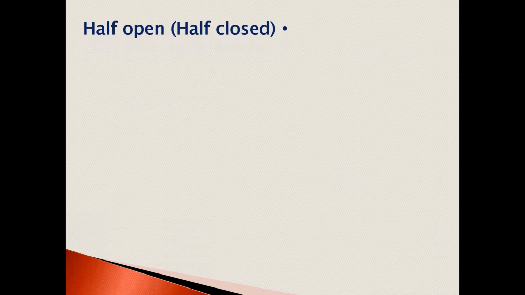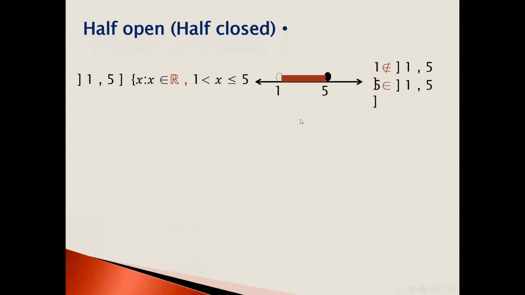We can also have a half-open interval, where one number is included and the other number is not included. For example, I have 1 and 5, where 1 is open and 5 is closed.